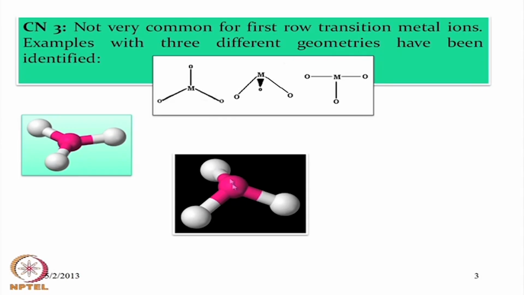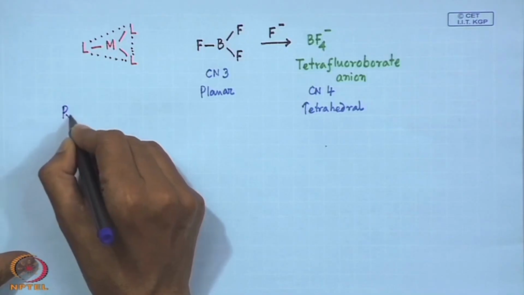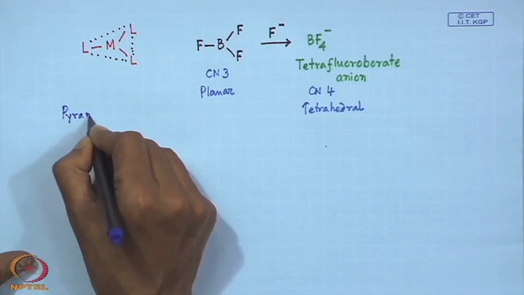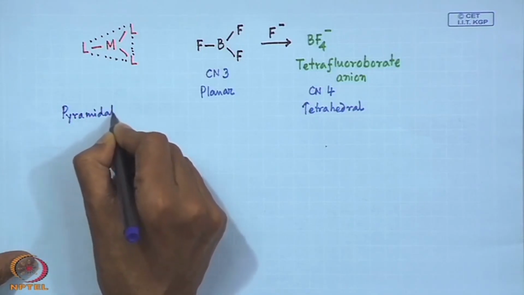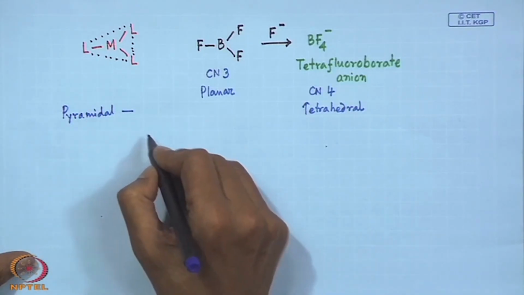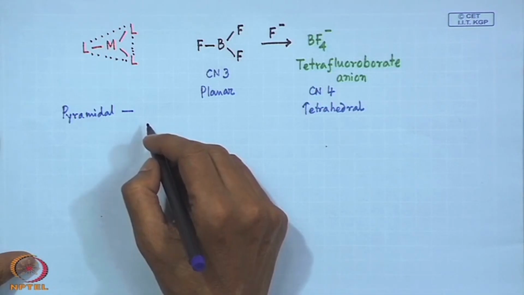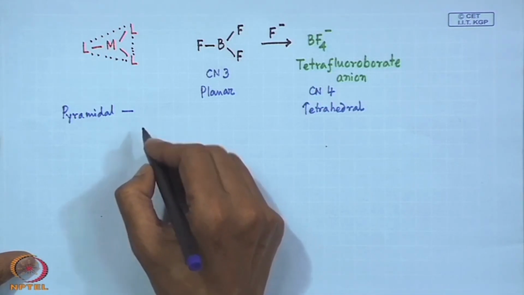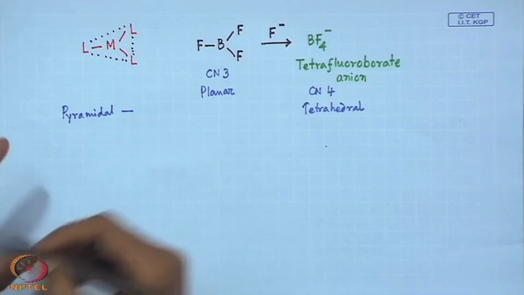That means, this is sitting above the corresponding trigonal plane formed by 3 white spheres. So, we can have the corresponding species like this, and if we have this particular geometry, we will call it pyramidal.